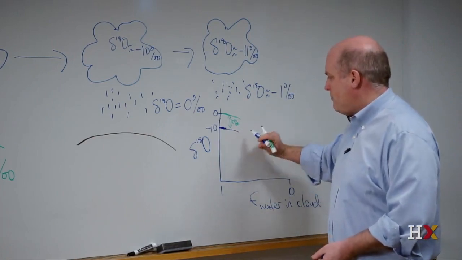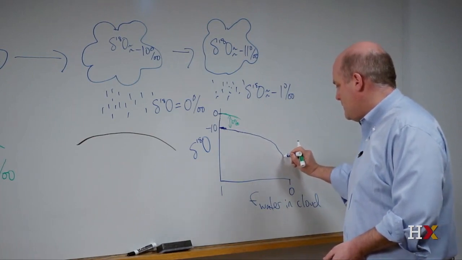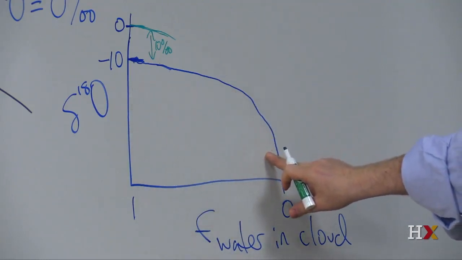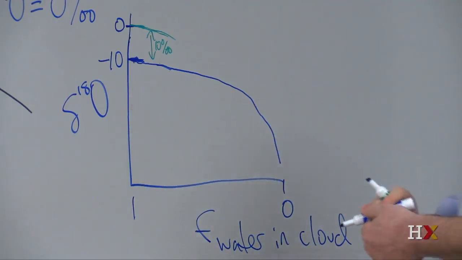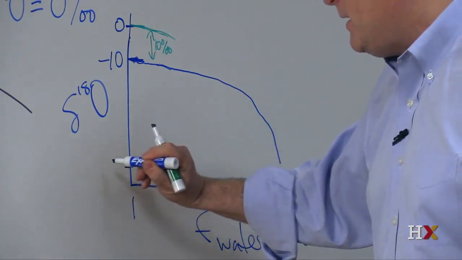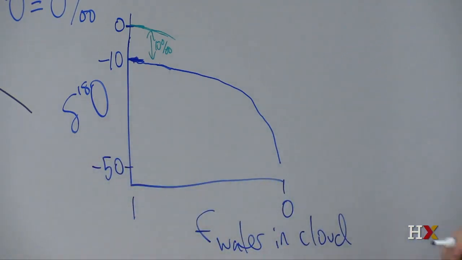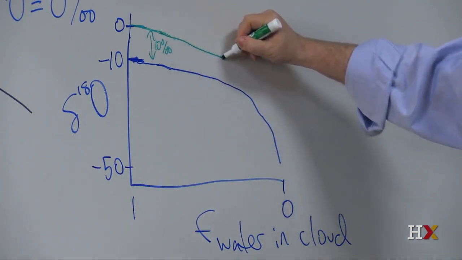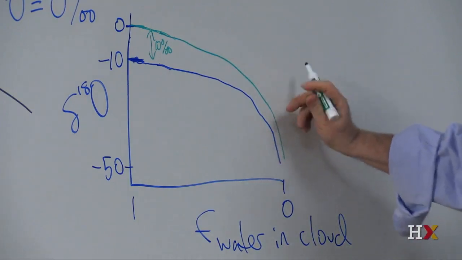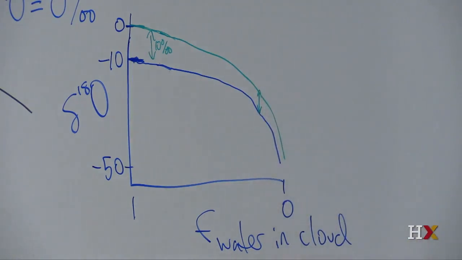As the fraction of water in the cloud gets less and less, the depletion of oxygen 18 gets greater and greater. So by the time you're down to a very low fraction of water vapor remaining in the cloud, this can be minus 50 or minus 60 parts per thousand. And the rainwater that falls will similarly be very, very depleted. It looks like these two lines are converging, but in fact, the difference is always 10 parts per mil.